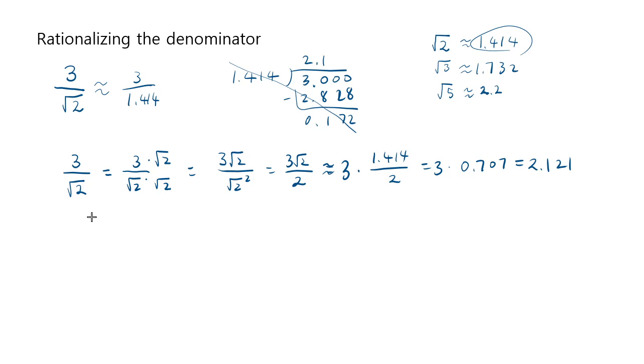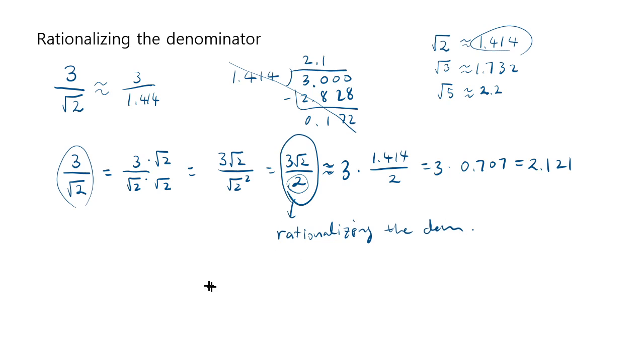Okay, so you can see that this form is better than this form, and we call this rationalizing the denominator, because the denominator is now an integer. What's a rational number? A rational number is when you have an integer over an integer.